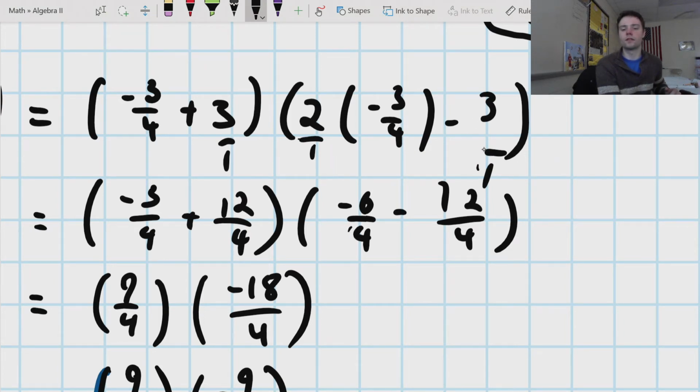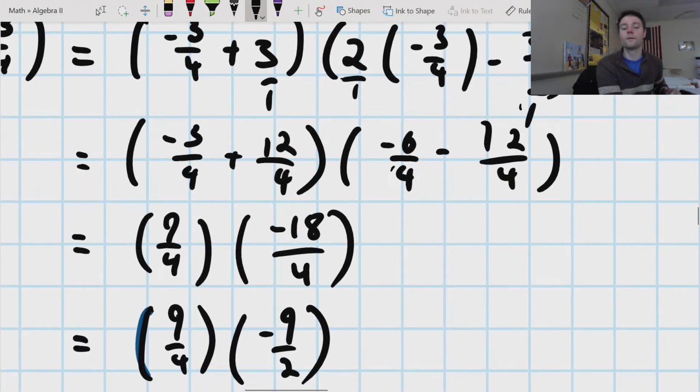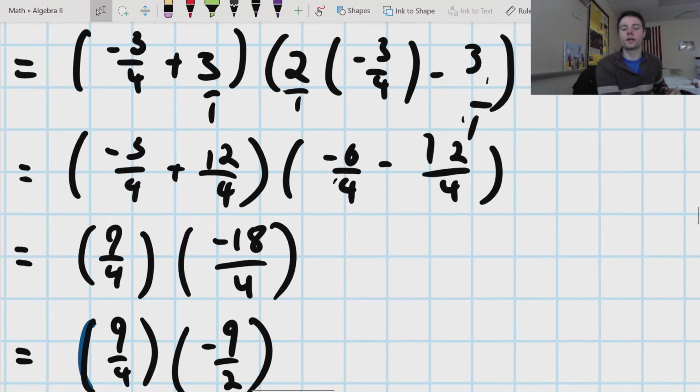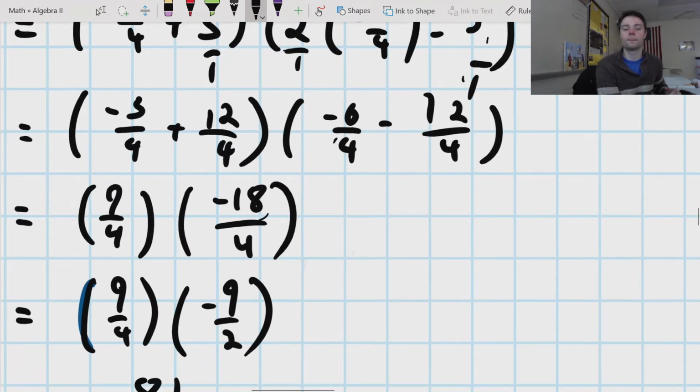And then here I've got -3 over 1. So I converted that to a denominator of 4. If you multiply upstairs and downstairs by 4, you get -12 over 4. And over here, I multiplied this 3 by 4, and this 1 by 4. So you get -3 over 4 plus 12 over 4, which is 9 over 4. And over here, I get -6 minus 12, which is -18 over 4.